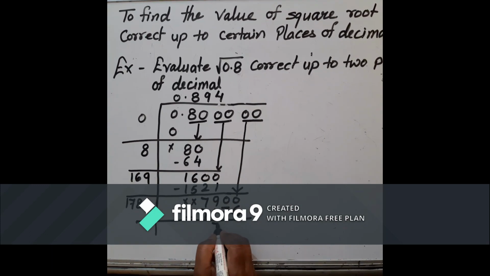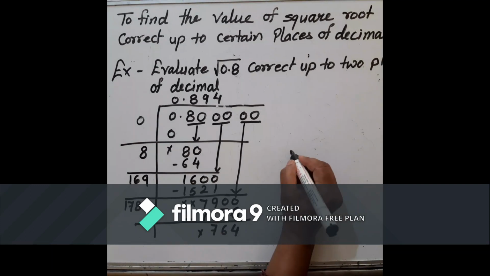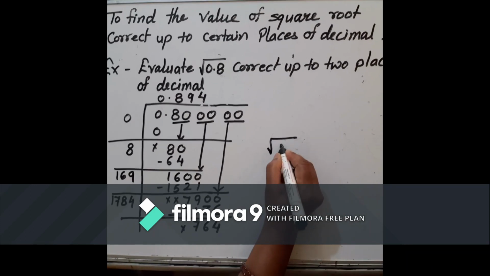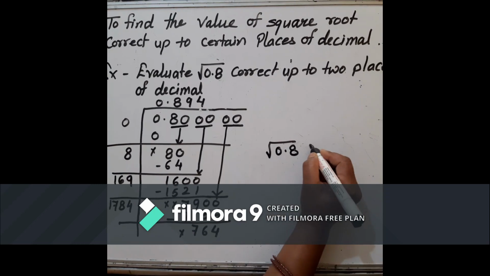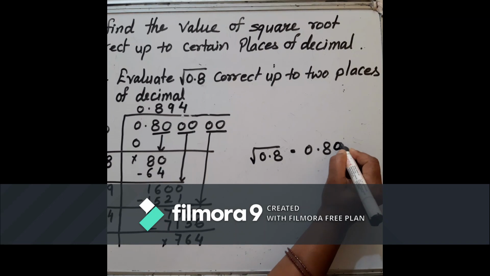The remainder becomes 764. Here the square root of 0.8 comes to 0.894.